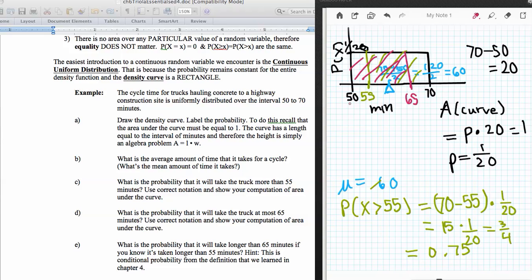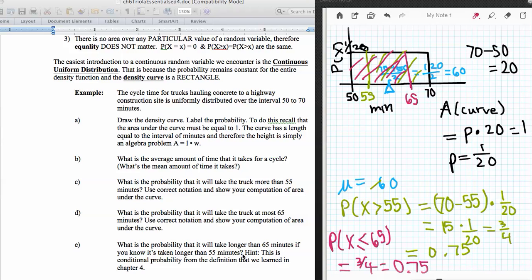So 50 to 65 is another 15. So we can say that the probability that x is less than or equal to 65 is again 3/4, for the exact same reason that the probability of being more than 55 was 3/4, or 0.75. All right, moving on to the next problem.